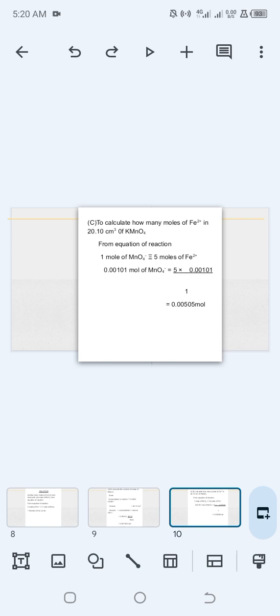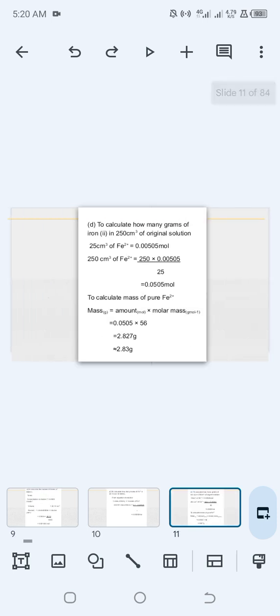That shows 0.050 mole of KMnO4 is in 20.10 cm³. Please calculate well during your examination. Practice the more. Follow the guide and use it at home.